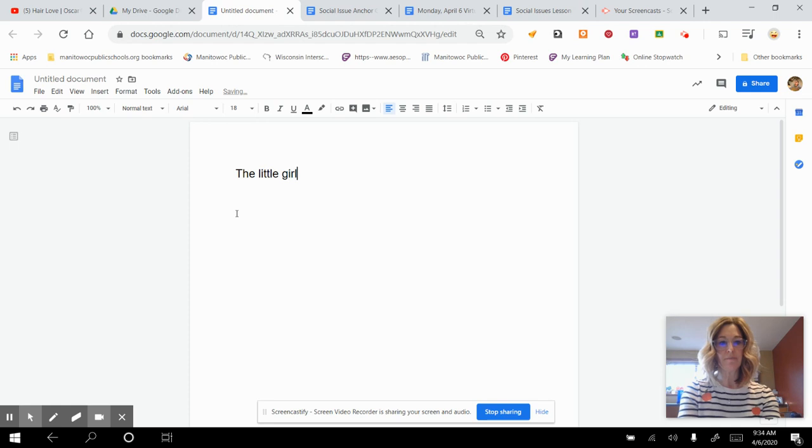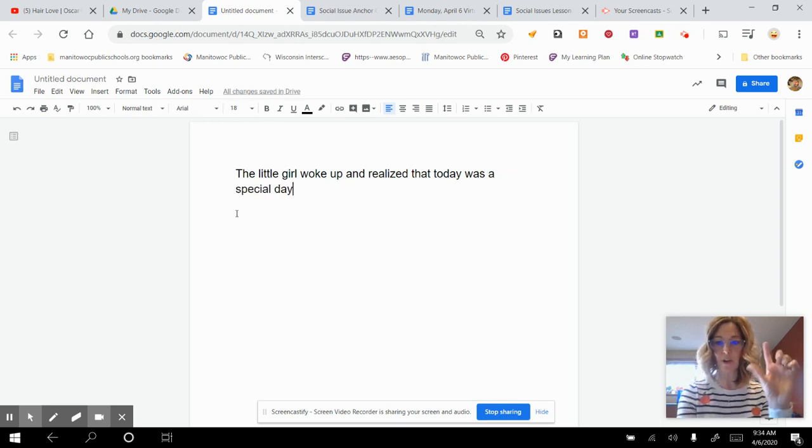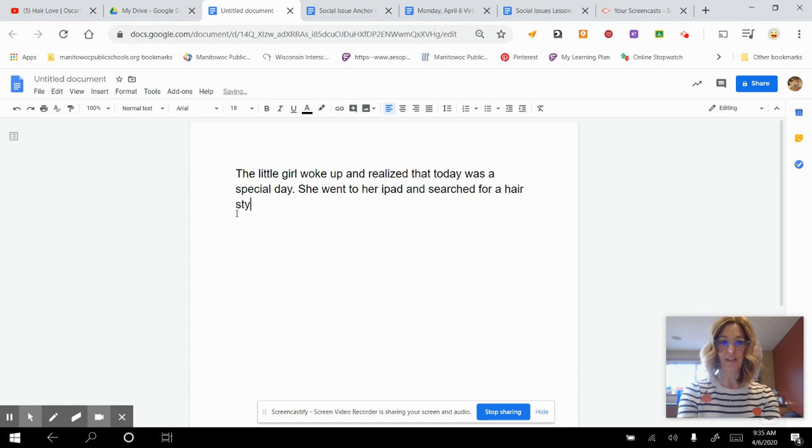The little girl woke up and realized that today was a special day, right? Did you guys notice that there was a heart on the calendar of this particular day? She went to her iPad and searched for a special hairstyle.